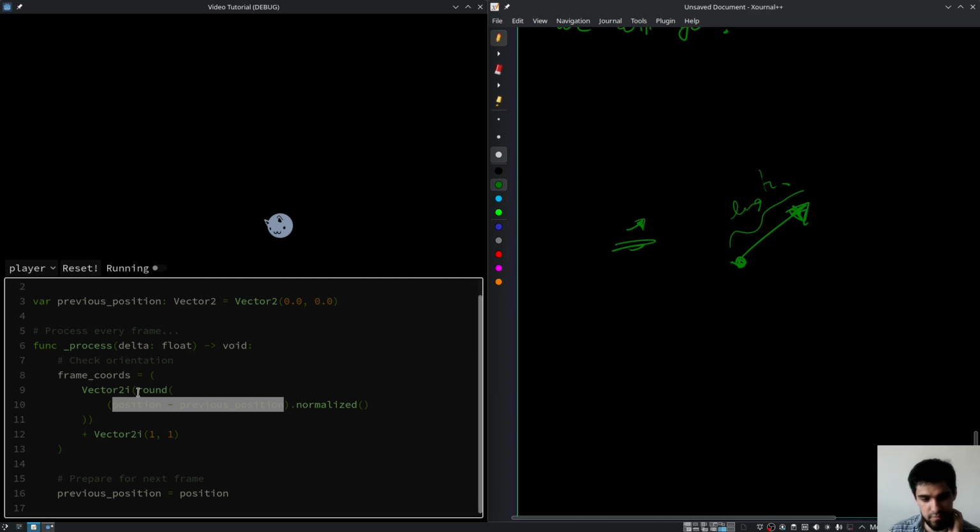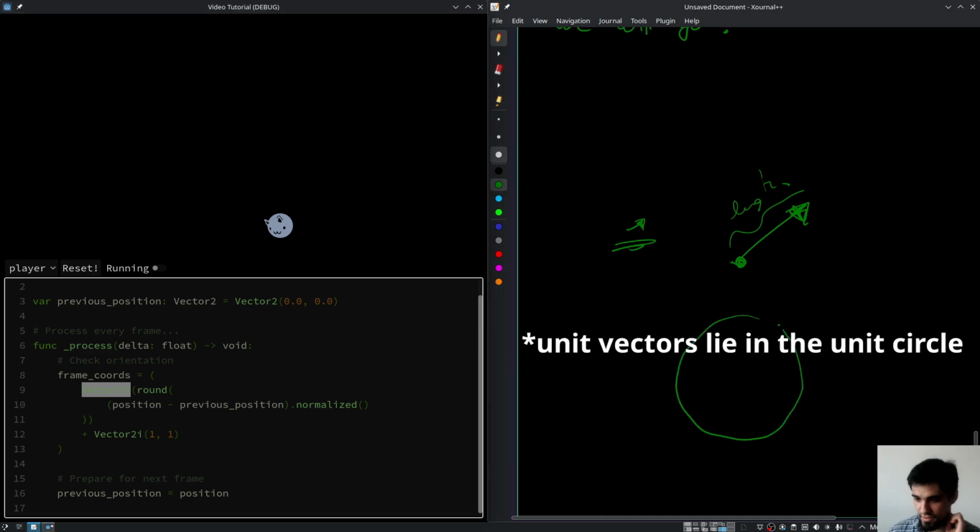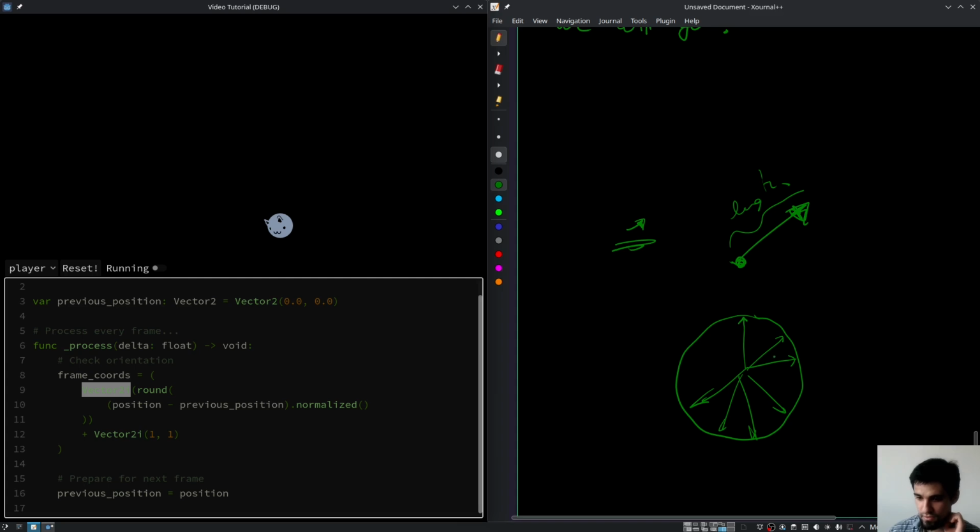And then I am doing something we don't usually do with vectors, which is rounding it and transforming it into an integer vector. Usually normal vectors lie on the unit circle. This is the circle of all the vectors of length 1, of radius 1.